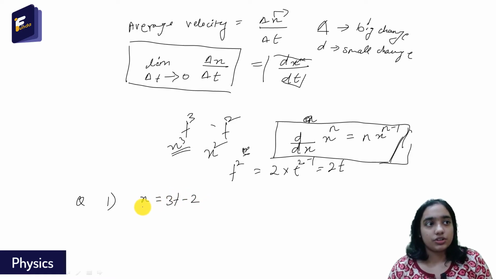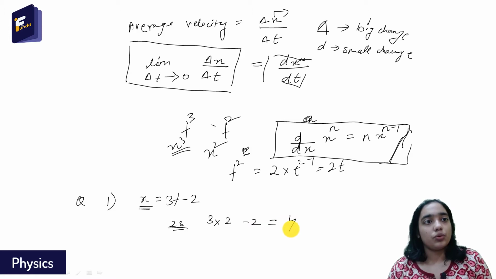It is just a function, the position of a particle with respect to time. Suppose at t equal to 2 seconds, just imagine, the position of the particle will be 3 into 2 minus 2, that is 4.